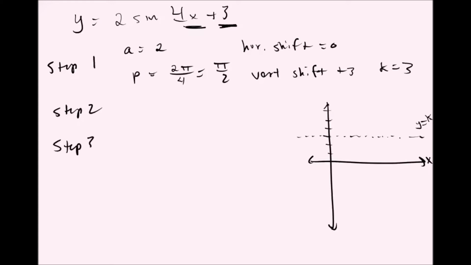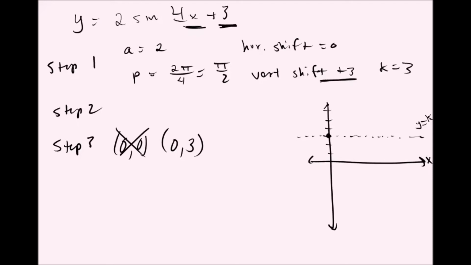Step 3 is going to be to find the key points. Remember, for sine, how to find those key points is in 14.1a, so I'll just review that here. The first point is just 0, 0. However, since we have a vertical shift of 3, every single point that we find will be moved up 3 on the y-axis so that it intersects this new line. So the first point is actually 0, 3, which is right here.